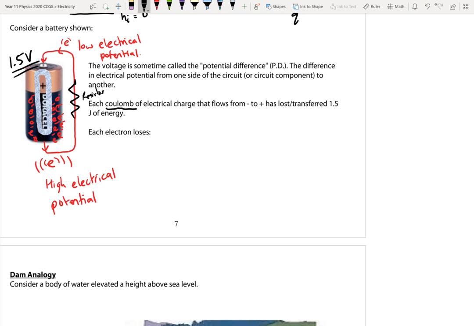But one electron, Q equals 1.60 times 10 to the negative 19, is going to do work equals QV. We're just going to rearrange the equation. Voltage is work per unit charge. And we would say 1.60 times 10 to the negative 19 times 1.5. It's not much, 2.40.